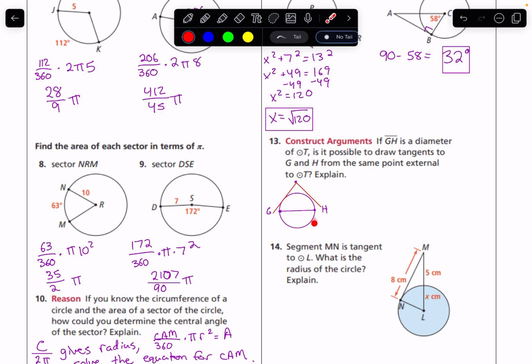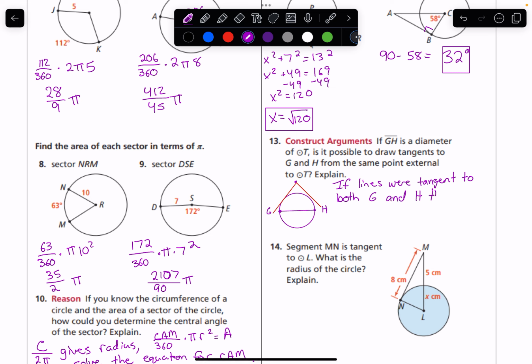We did an explanation of this as the first example in one of our sections this chapter. But we would say that if lines were tangent to both G and H, they would be parallel.